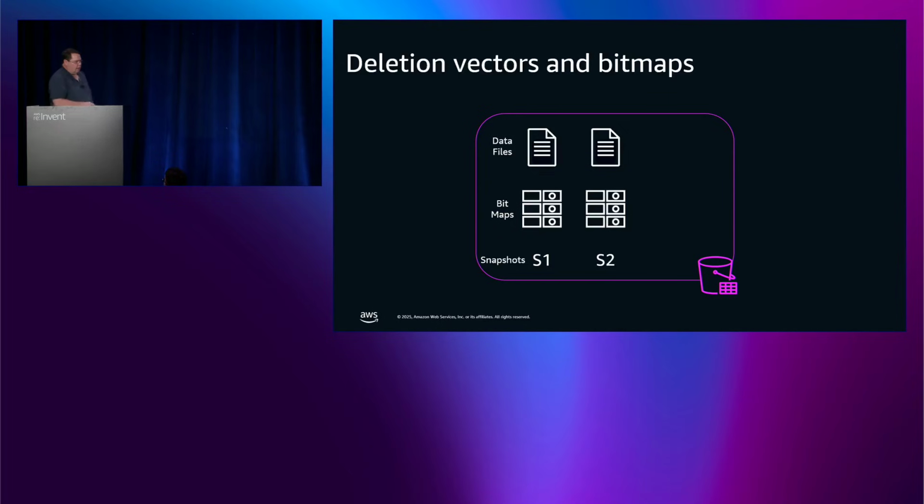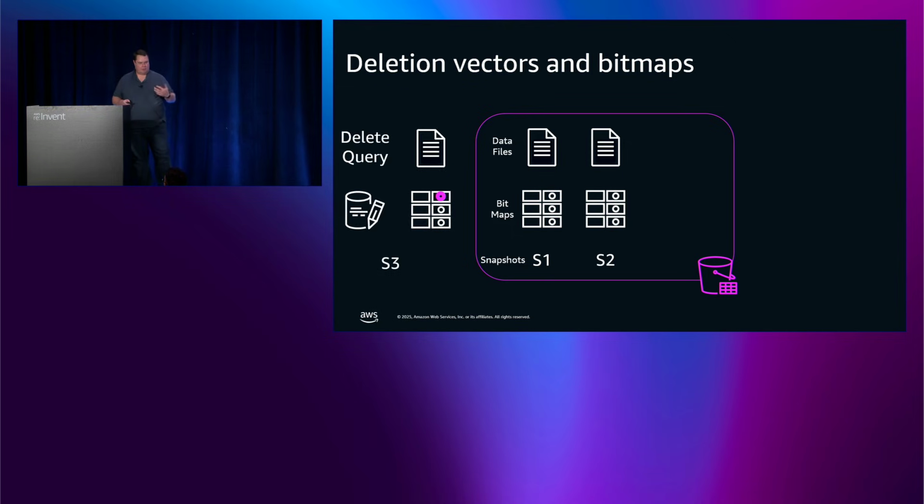So just a slide here to understand a bit how the moving parts operate within deletion vectors. In this example, I've got a table with a couple snapshots that are created on disk. I've got snapshot 1, snapshot 2. If I want to do another delete query, now I've got a data file that I'm going to produce, and then I'm going to have a bitmap that I'm going to go ahead and update.